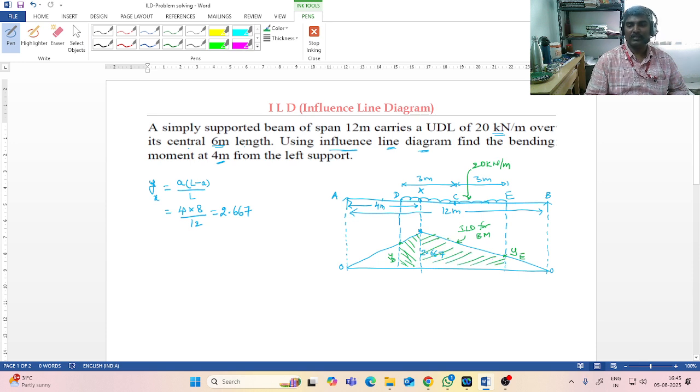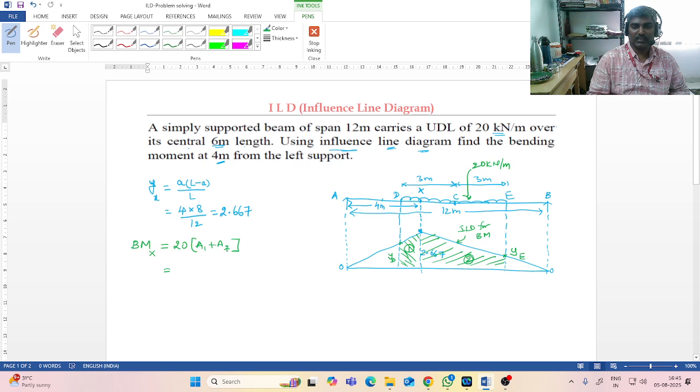You need to calculate these two areas, let us say this is 1 and this is 2. So bending moment at section X is equal to load multiplied by the area occupied by the UDL.